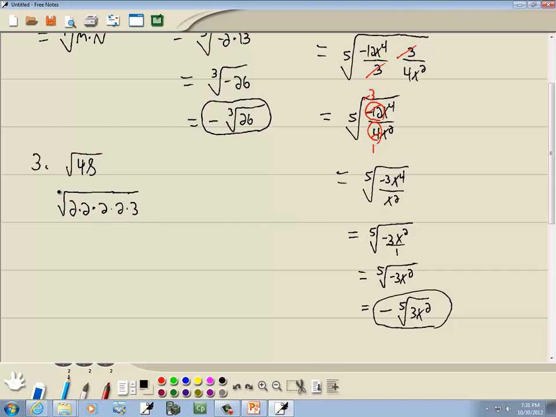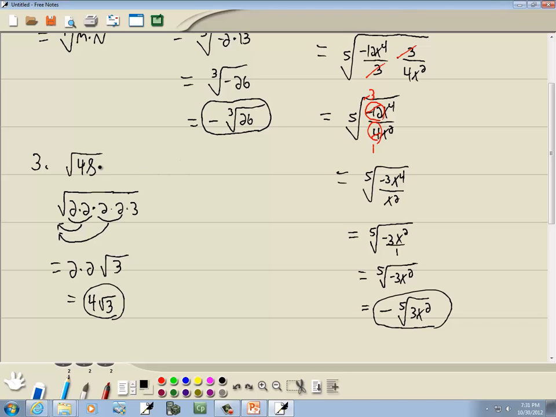Now our index is 2. There is no number in this little slot right here, so it's by default 2, square root, which means we're looking for pairs of something. Here's a pair of 2s, and here's a pair of 2s. So a pair of 2s is going to come out, and this pair of 2s is going to come out. Now when they come out, there's multiplication in between them. So it's 2 times 2, and then we got a 3 inside. And 2 times 2 is 4, so our answer is 4 square root of 3.